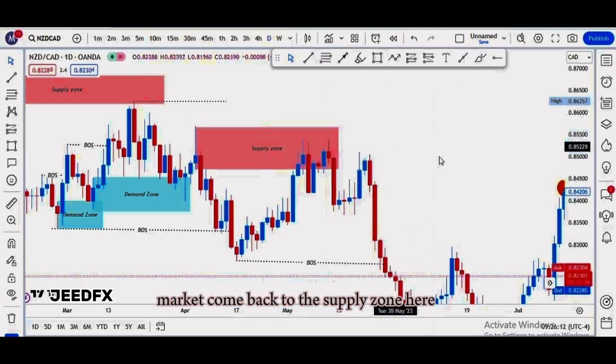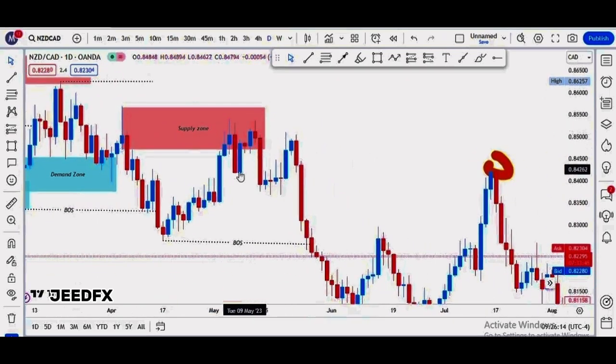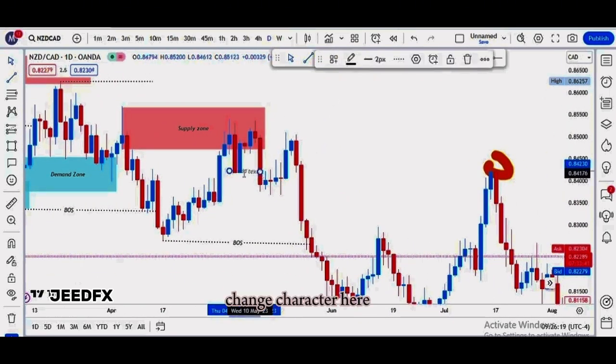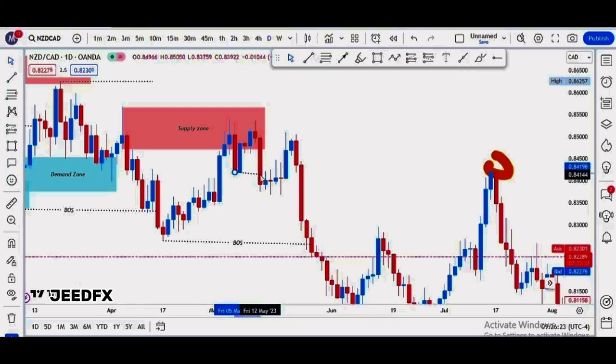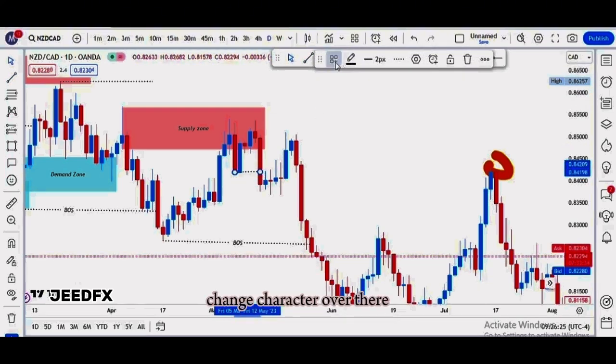Market comes back to the supply zone there. Change of character here. Change of structure. Change of character over there. Go back to mitigate the lower time frame supply zone.